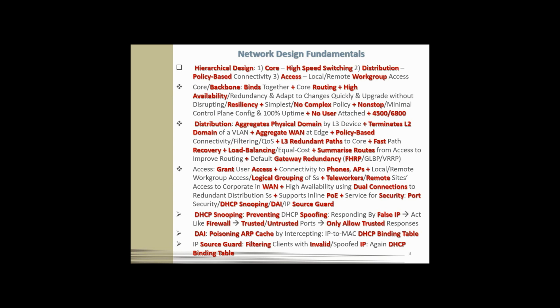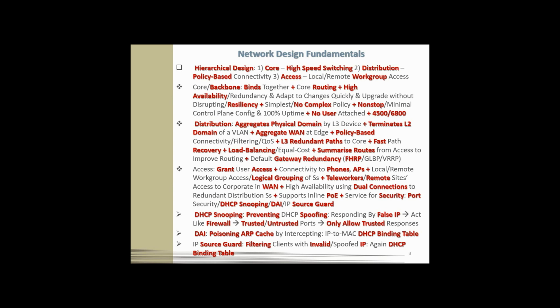And last but not least, access layer needs to provide services for additional security against unauthorized access by tools, and these security tools include port security, quality of service sometimes can help, DHCP snooping.